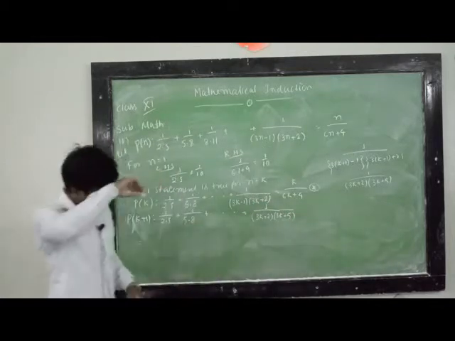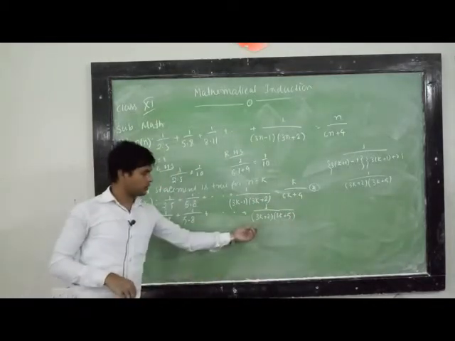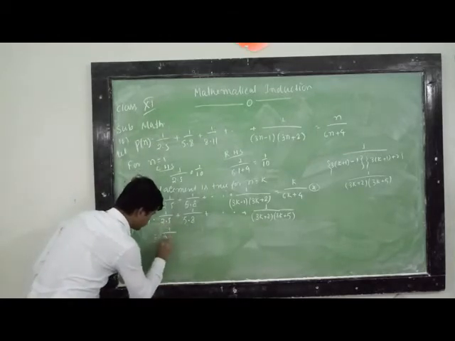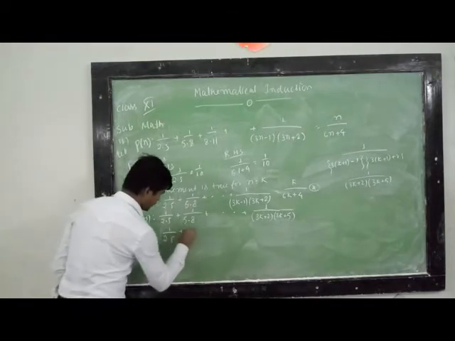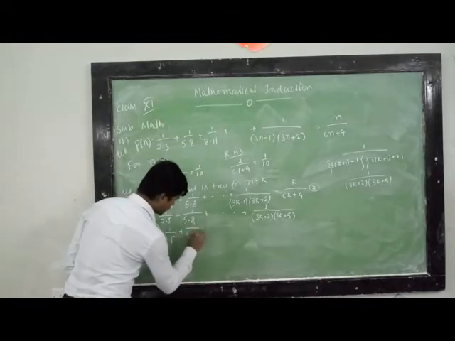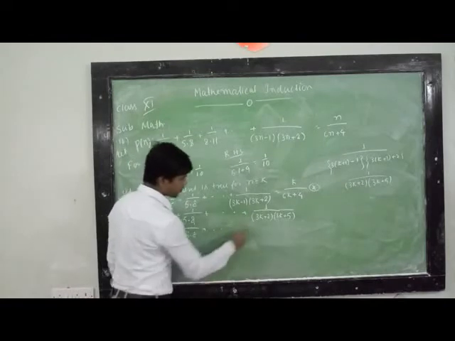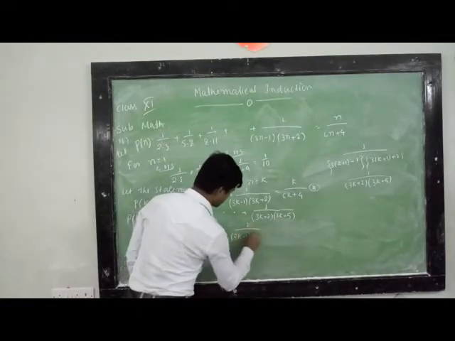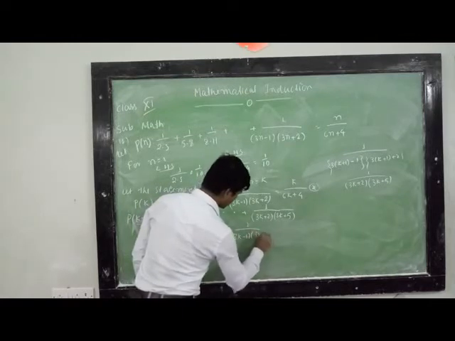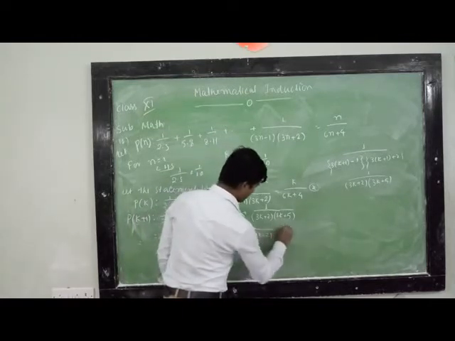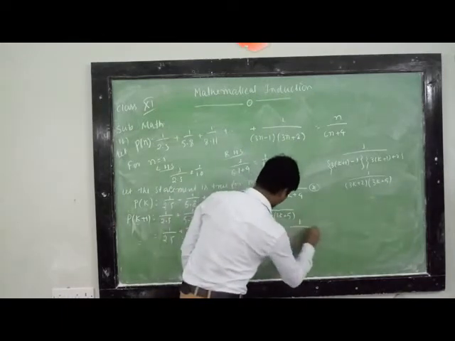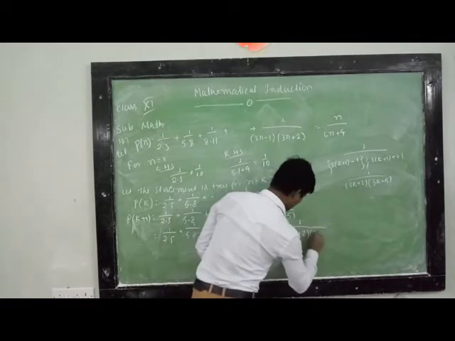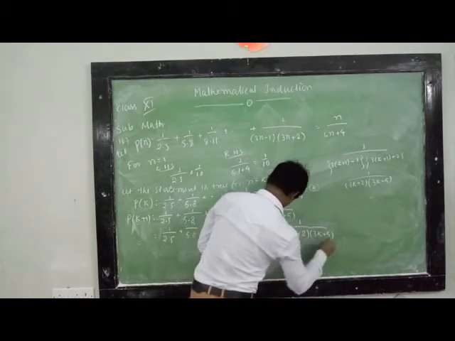So we'll rewrite the line again with its previous term also. So 1 by 2 into 5 plus 1 by 5 into 8 plus dot dot dot. What is the previous term of this term? 1 by (3k minus 1) into (3k plus 2), plus this last term 1 by (3k plus 2) into (3k plus 5).